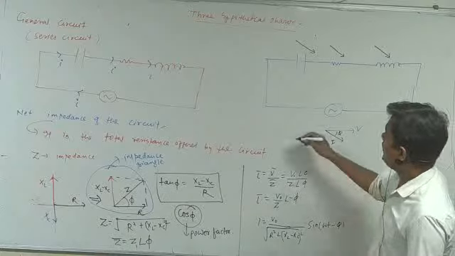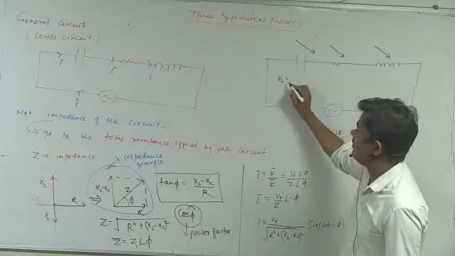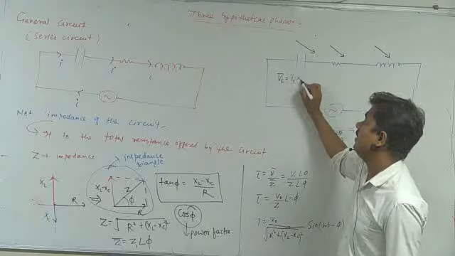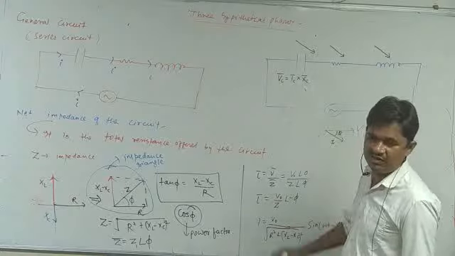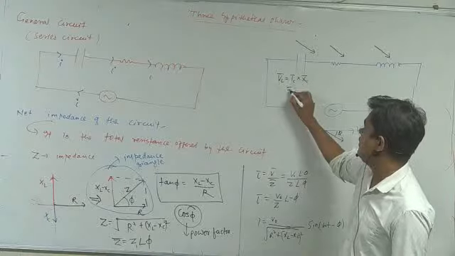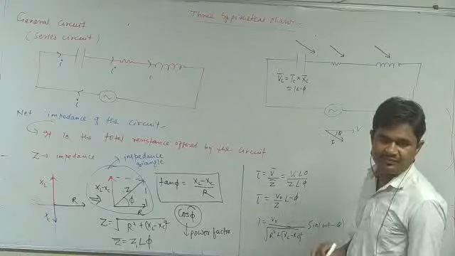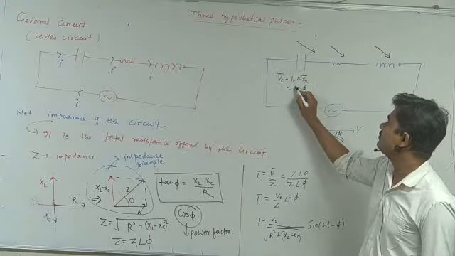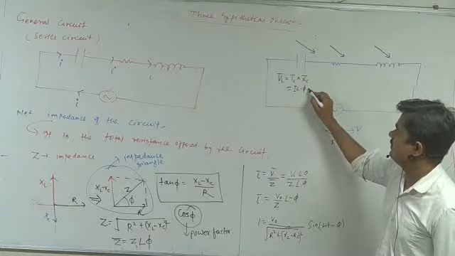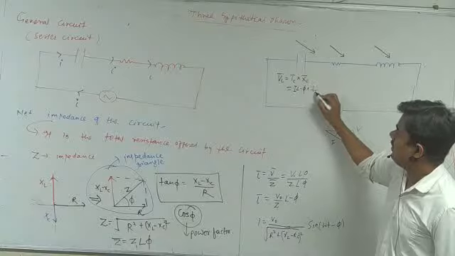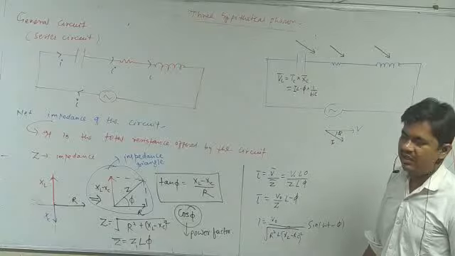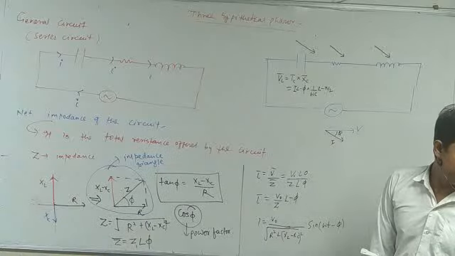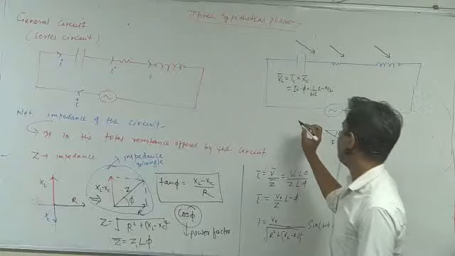If I write V across capacitor, what will you say? V across capacitor is I across capacitor into XC. Yes or no? I across capacitor is the same as I angle minus phi. And what is XC? 1 upon omega C angle minus pi by 2. Yes or no? So what do we get here?